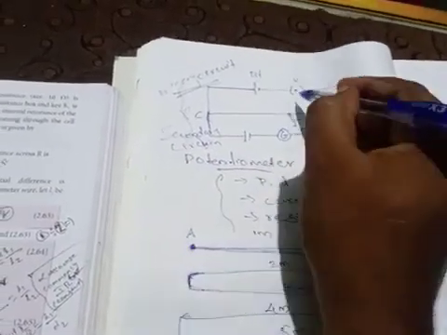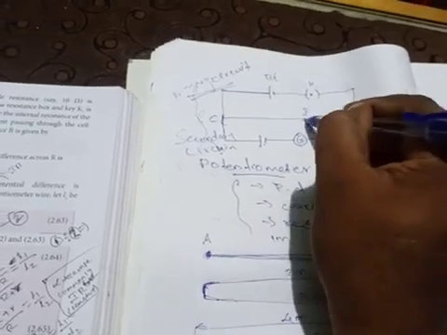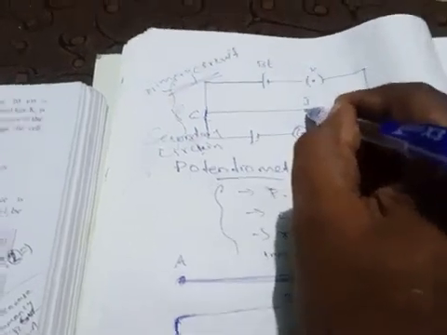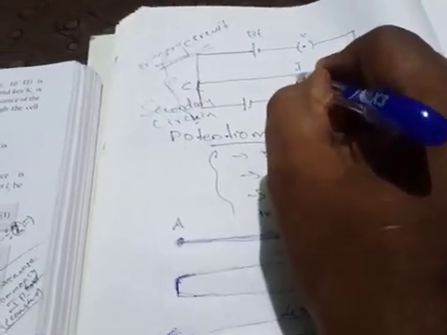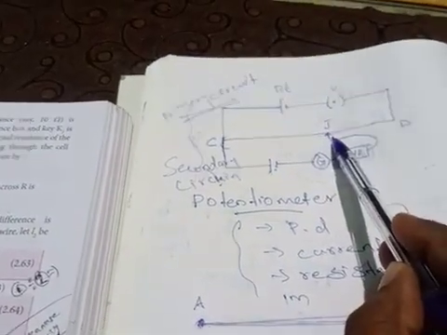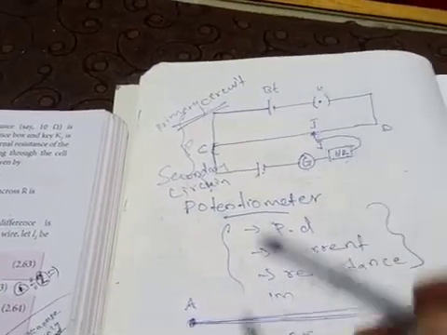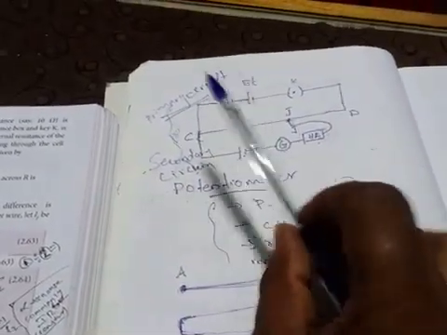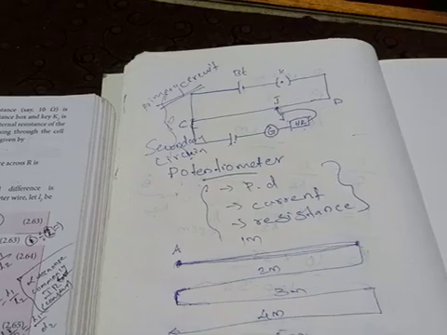Now the jockey has reached here, on this CJ. When you are moving this jockey over this wire, the galvanometer will deflect.